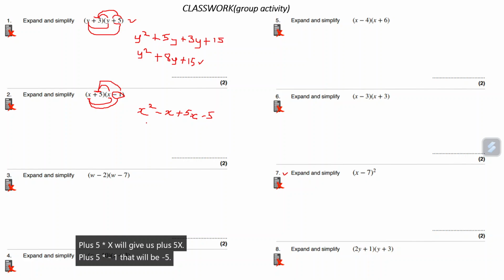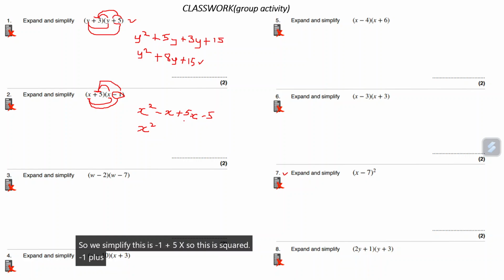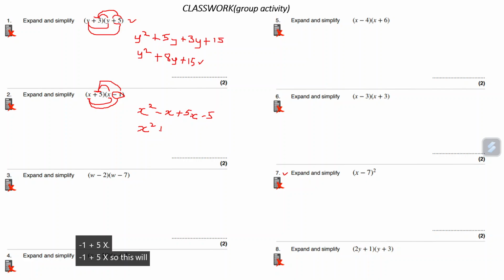So we simplify this. This is x squared, minus 1 plus 5x, so this will be plus 4x. I don't want you to bother yourself.